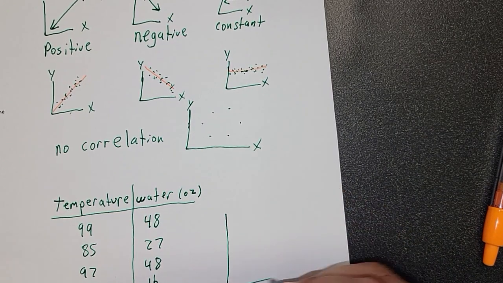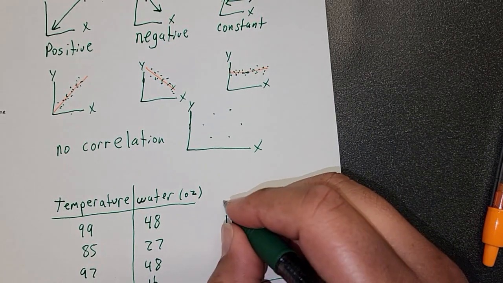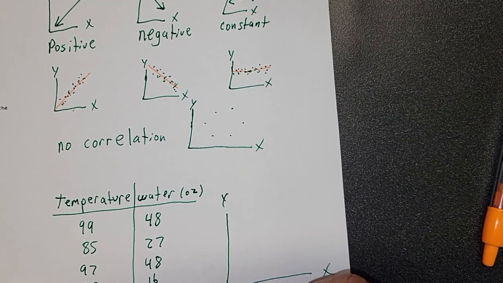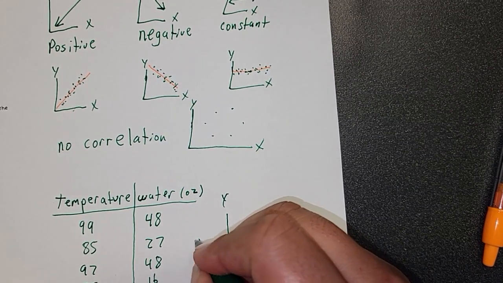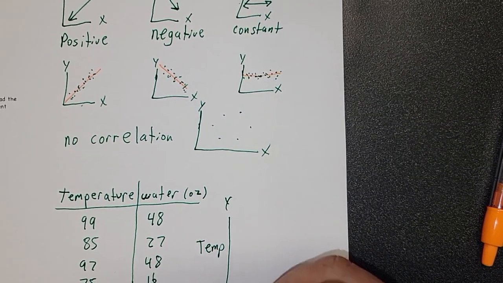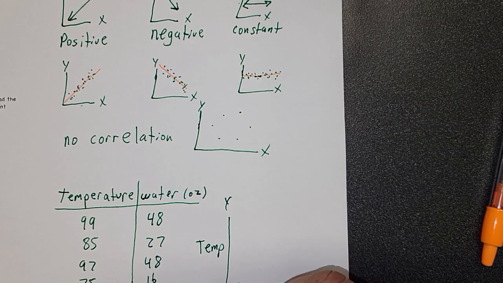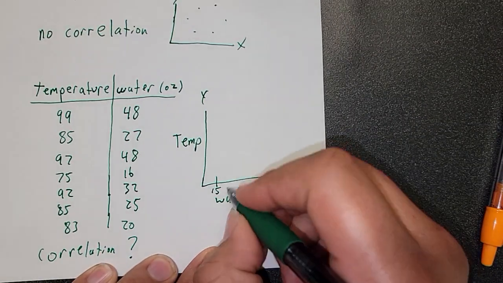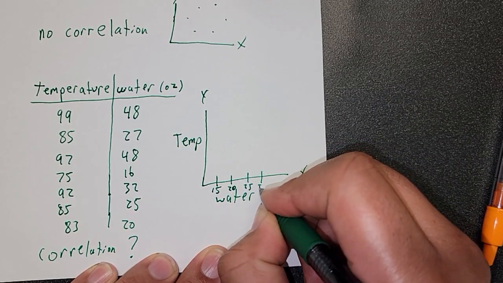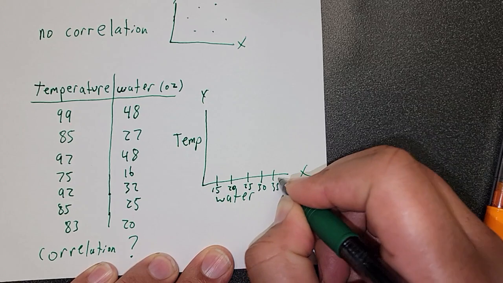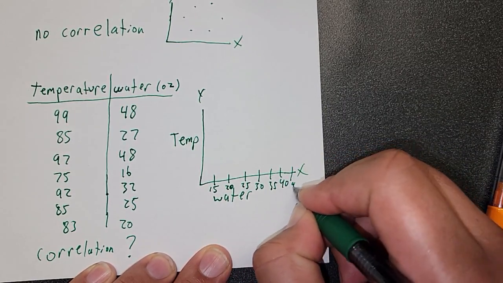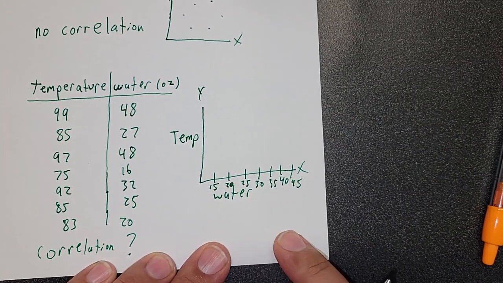Well, let's make a little scatter plot. This is X, this is Y. All right, this is going to be the water, and this is going to be the temperature. Let's just break it down. Let's do 15, sorry, 20, 25, 30, 35, 40, 45, all right.